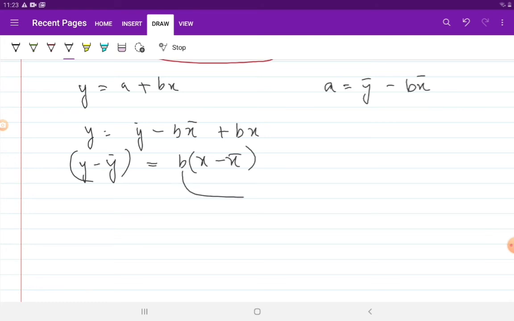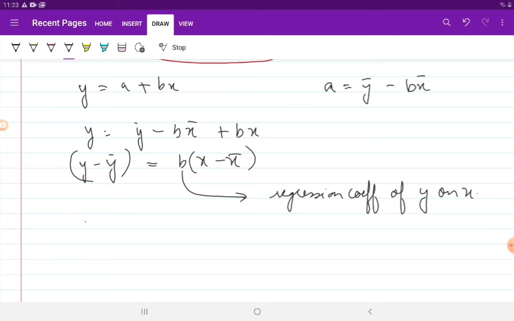Here b is called the regression coefficient of y on x. Remember, it's always dependent variable on independent variable.